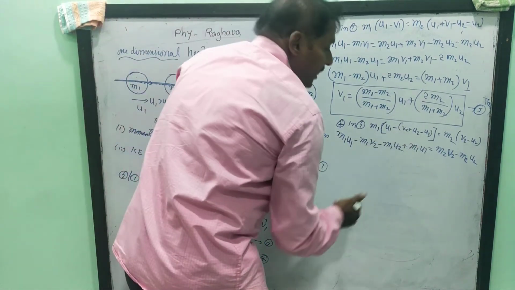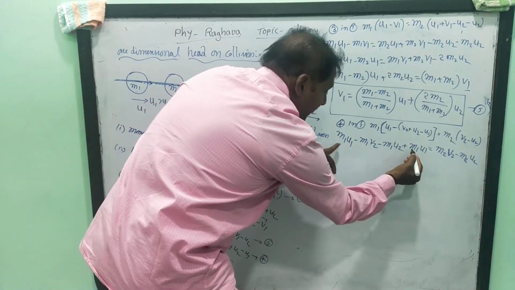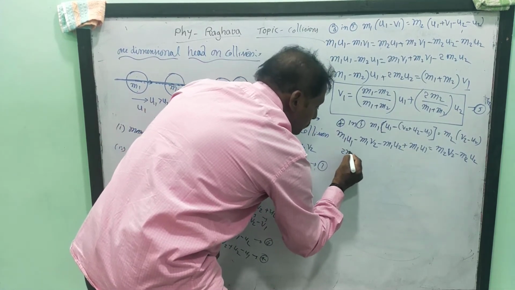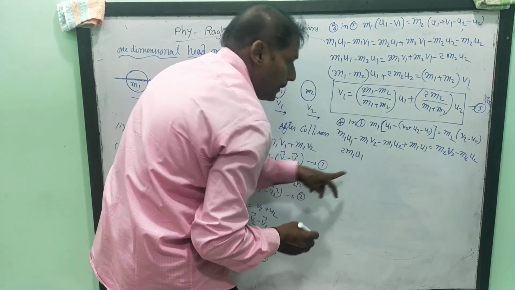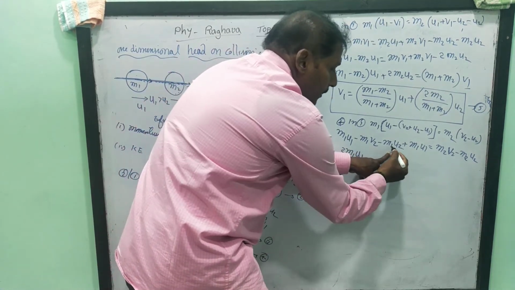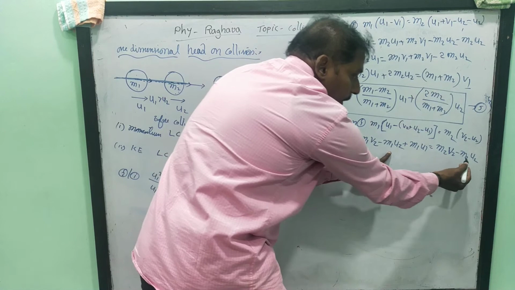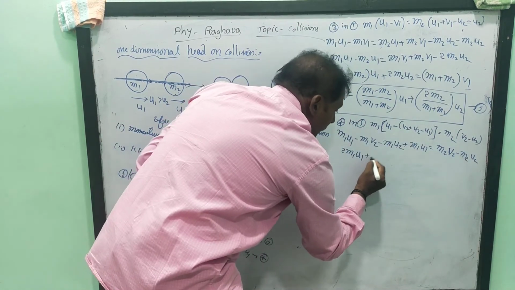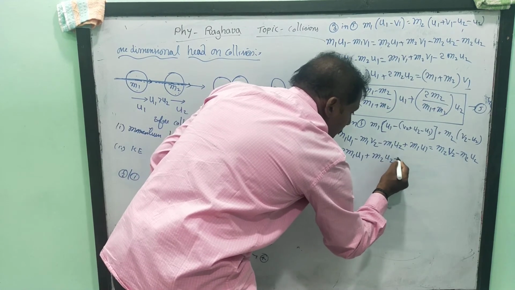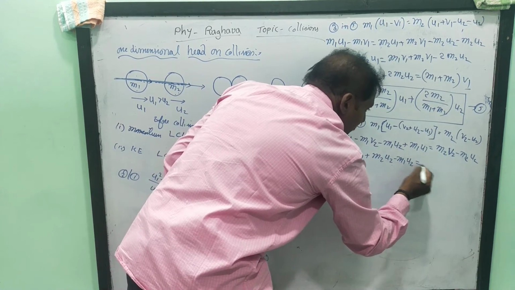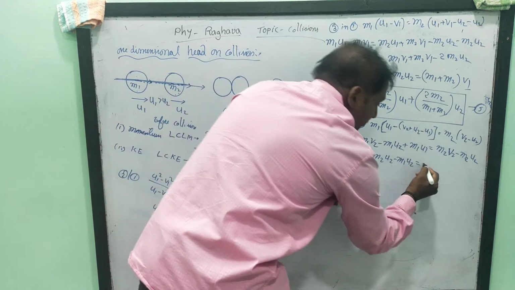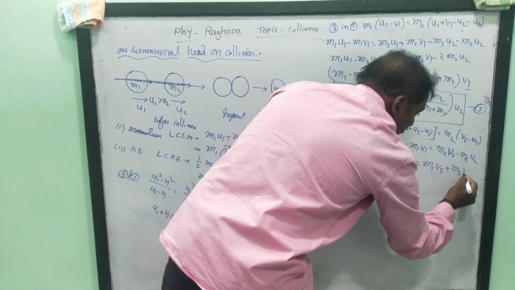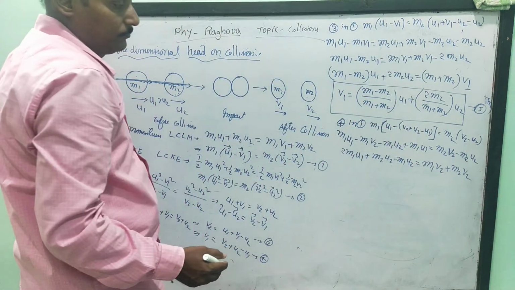Similar terms are taken on the same side, then simply we get 2m1u1 plus m2u2 minus m1u2 is equal to m1v2 plus m2v2.